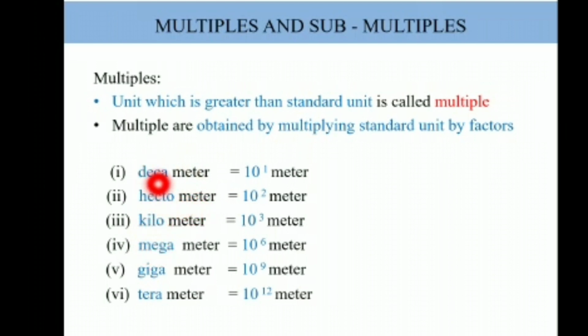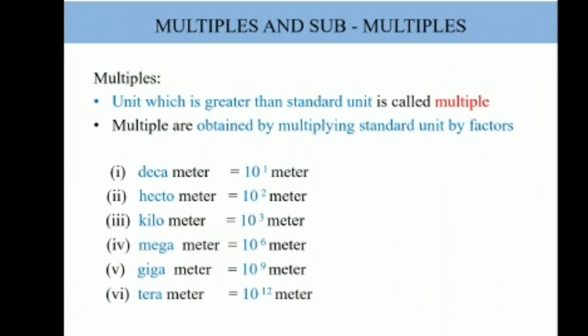So for 10 times a meter, this 10 is known as deca, 10 to the power 2 hecto, 10 to the power 3 kilo, 10 to the power 6 is mega, 10 to the power 9 has the prefix giga, and 10 to the power 12 is known as tera.